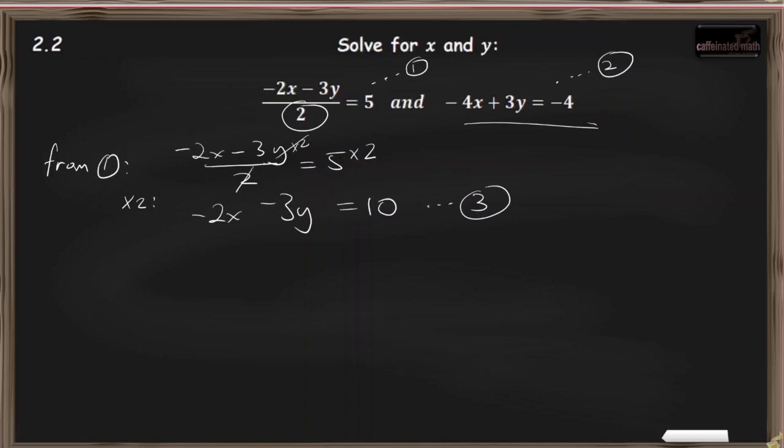Now the reason for that was, I saw a negative 3y in the one equation and a positive 3y in the other equation. Now let's transpose equation number 2 over here, and we'll have minus 4x plus 3y equal to negative 4. So that's still equation number 2.